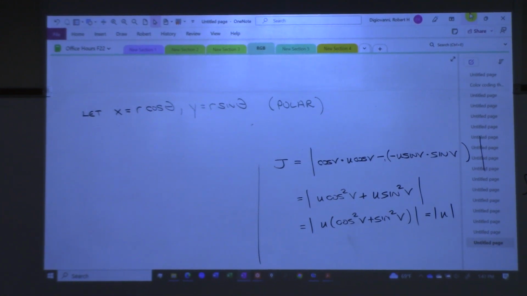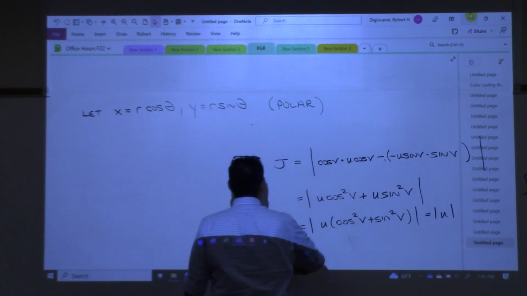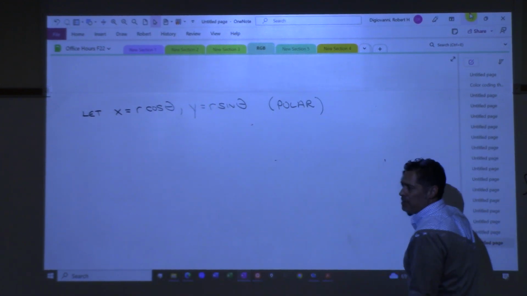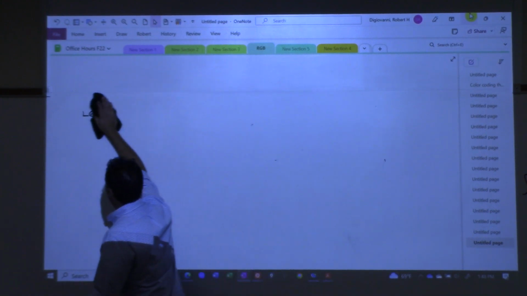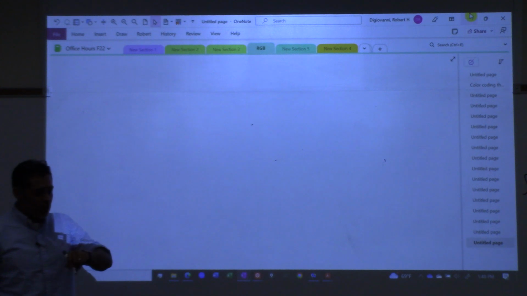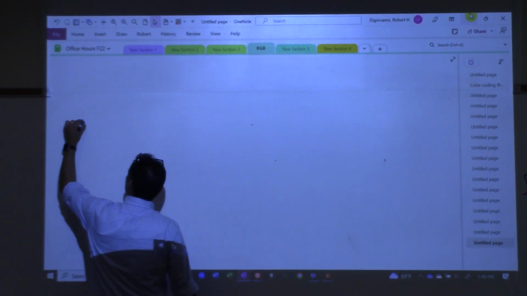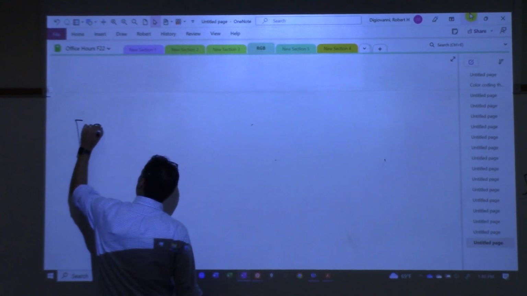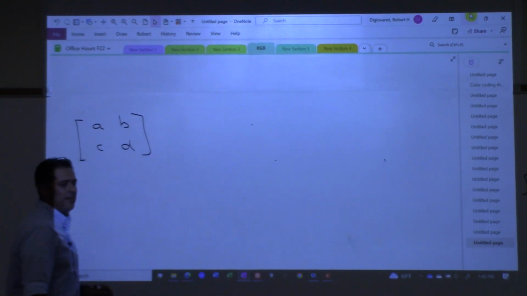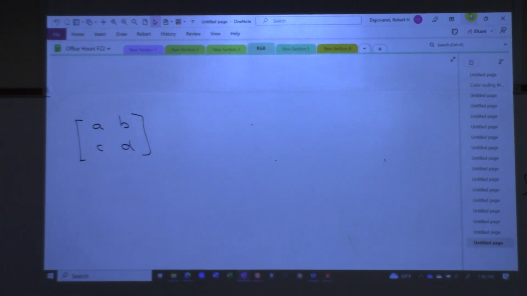I need a couple of other things before I get to the rest. They call this the Jacobian determinant. Here's why they call it the Jacobian determinant. Let me go back to what a determinant is for a matrix. If you were given a matrix, something like this, A, B, C, D, and I ask you for the determinant of this, we've done this when we were doing cross products.